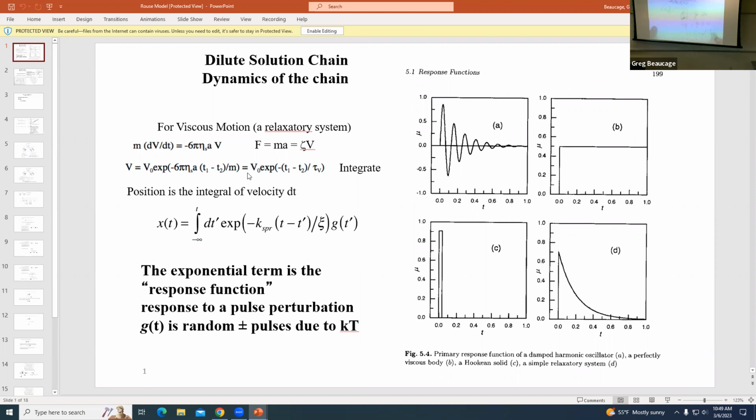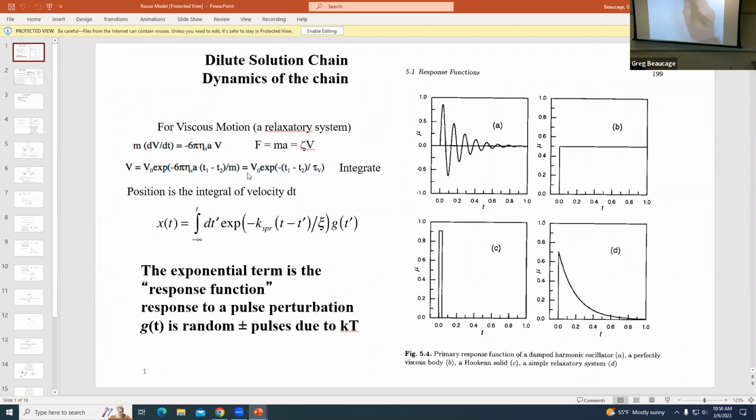Right, so you get this exponential decay by saying that you have a friction factor times velocity and a spring constant times x. Let me write that over again. We have dx/dt, that's the velocity, times a friction factor, equals spring constant times position, right?